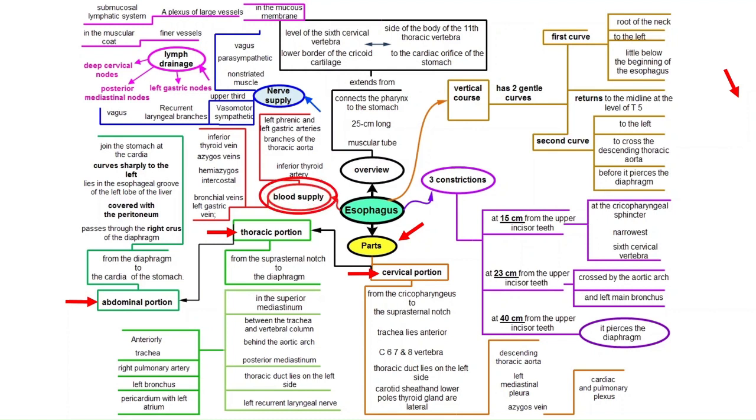Now the right crus, as it goes up and then turns around, at this point of turning around there is an opening of the diaphragm for the passage of the esophagus, and this is another factor in preventing regurgitation of gastric contents. And you can follow any line or any color.